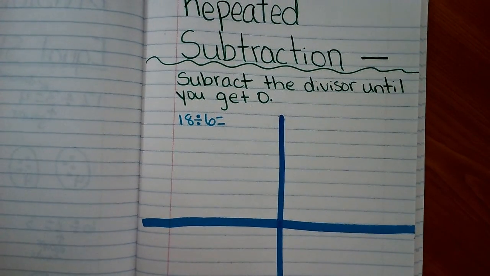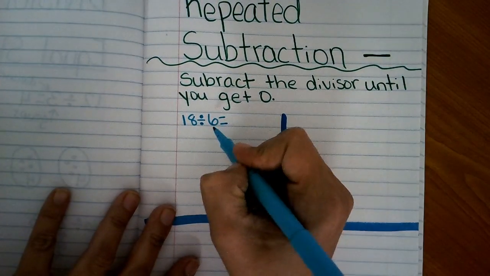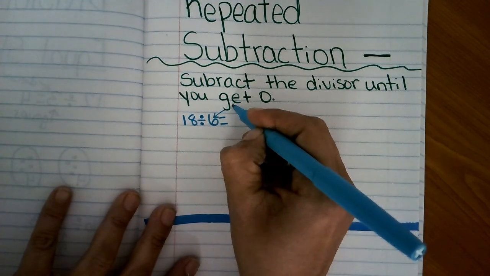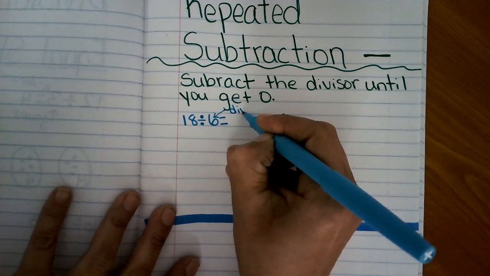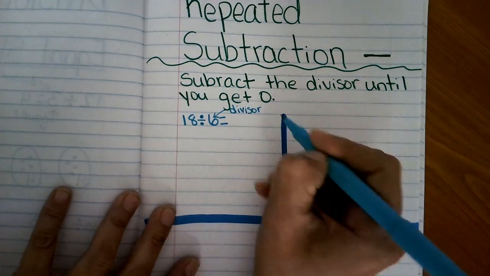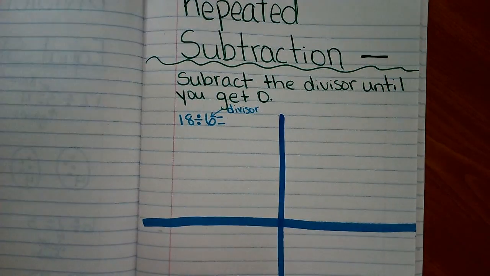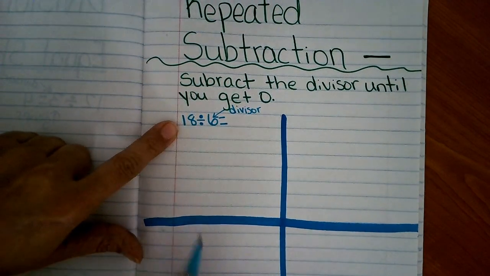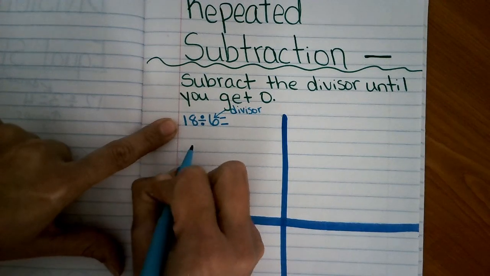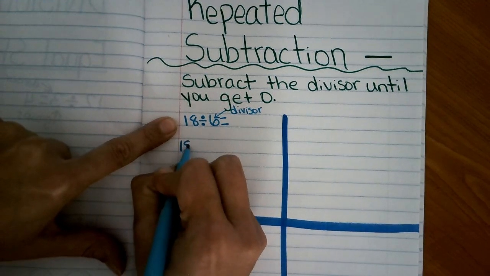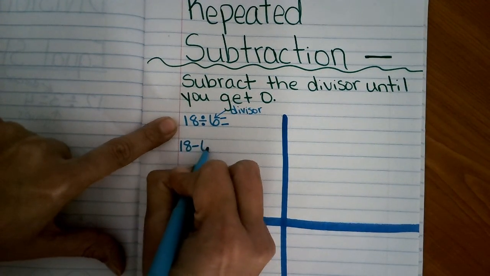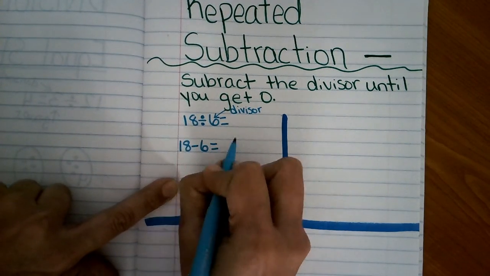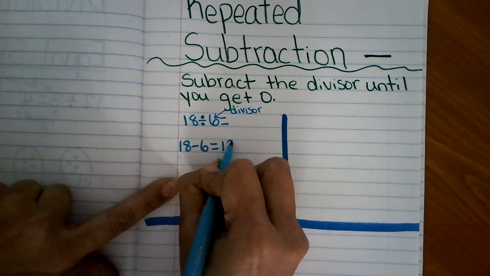So what I am going to do is I am going to subtract the divisor. This number right here is called my divisor. Okay. Now, I start with the total number that I have, my first number. In this case, it would be 18. So I'm going to do 18 minus 6, the divisor, equals 12.